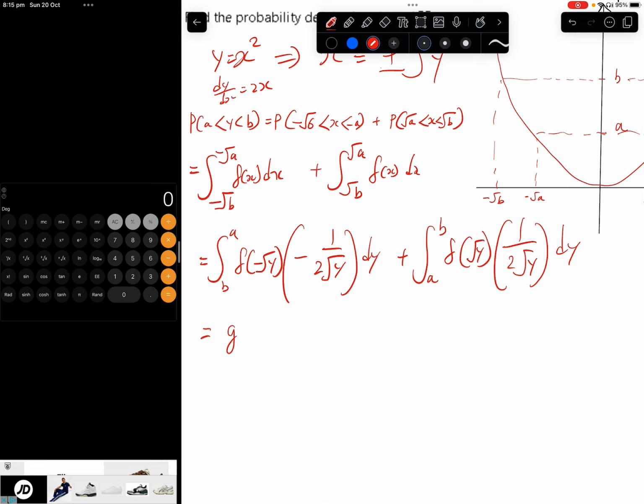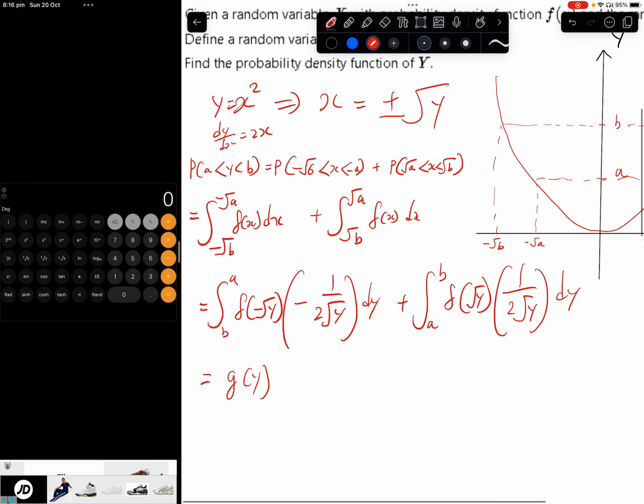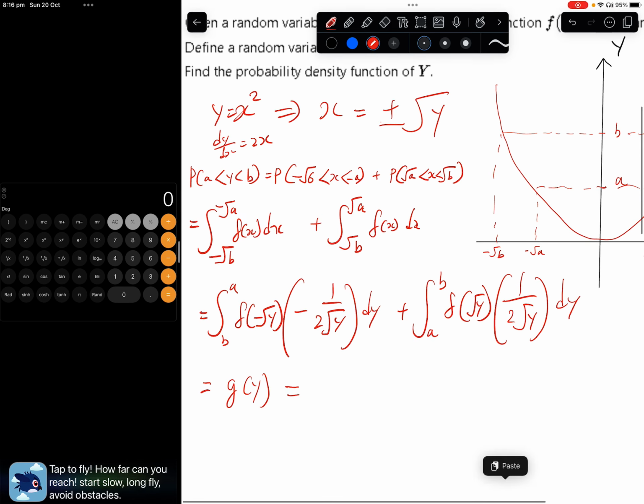Now we have g of y. This is the function, and this is the probability density function of y, which is equal to, let me see, something divided by 2.